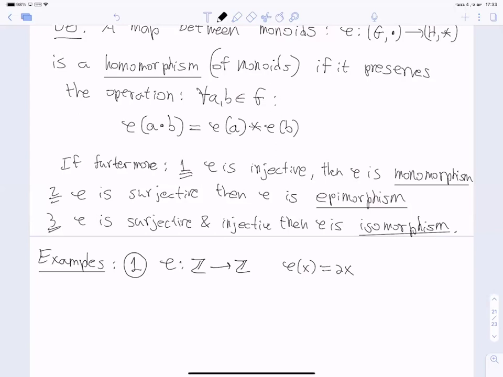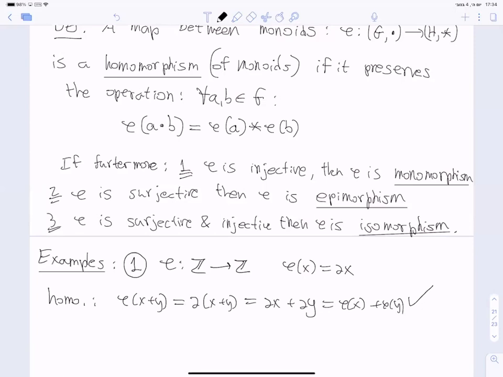First we have to check it is a homomorphism. Of course, phi of x plus y, which is by definition 2 times x plus y, is 2x plus 2y, which is phi x plus phi y. So it's a homomorphism.